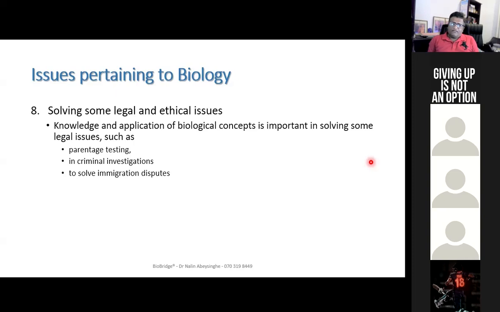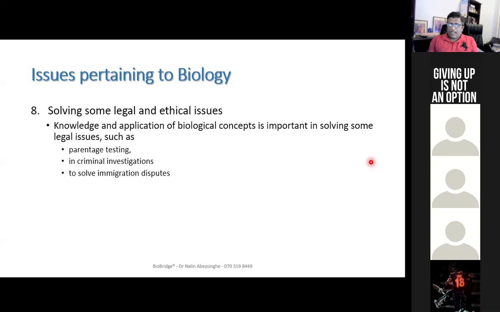Especially when people die, someone will suddenly come out and say that I am this person's son or daughter and I own his property, or there are legal issues where the parenthood has to be checked, right?